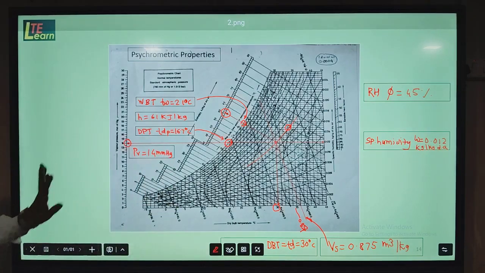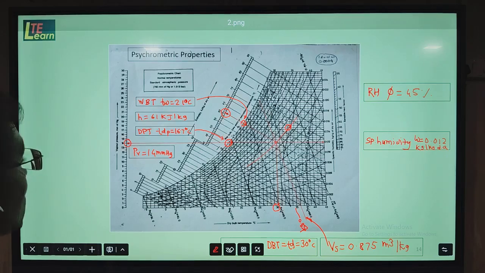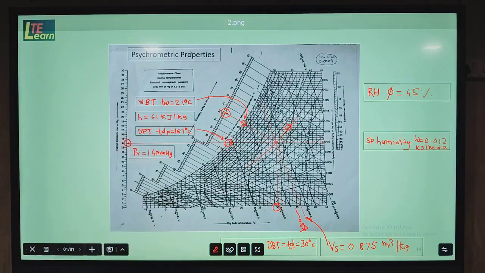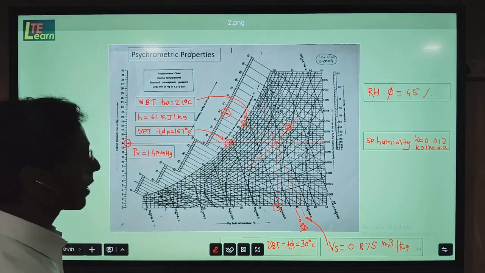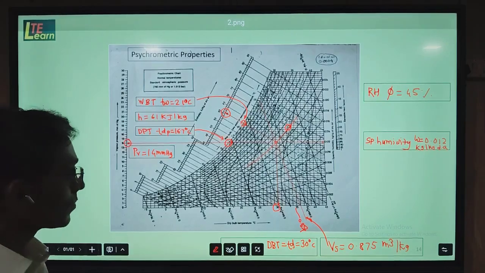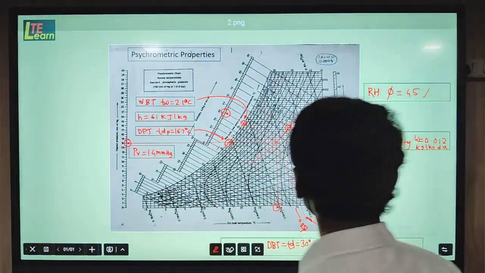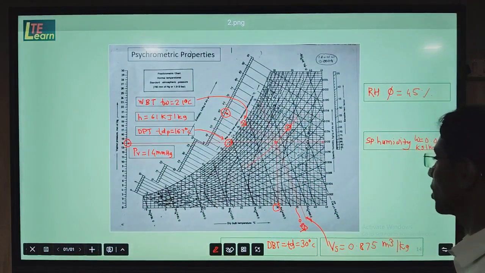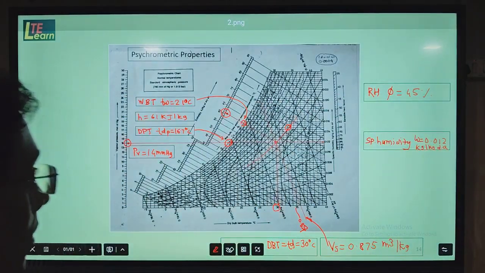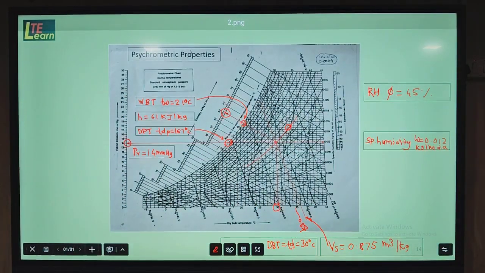This is the vapor pressure. So in this way, all these psychrometric properties we have obtained by using the psychrometric chart. Every property has its special meaning that we will see in the next video sessions wherever the requirement will occur.